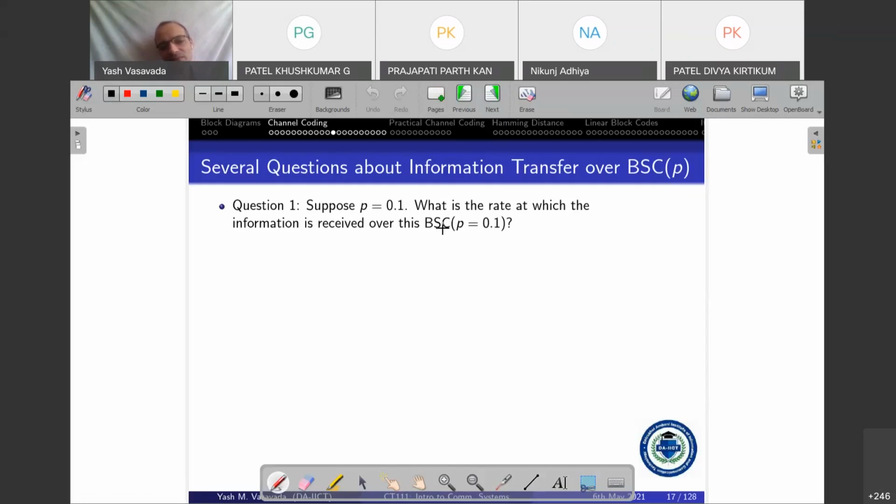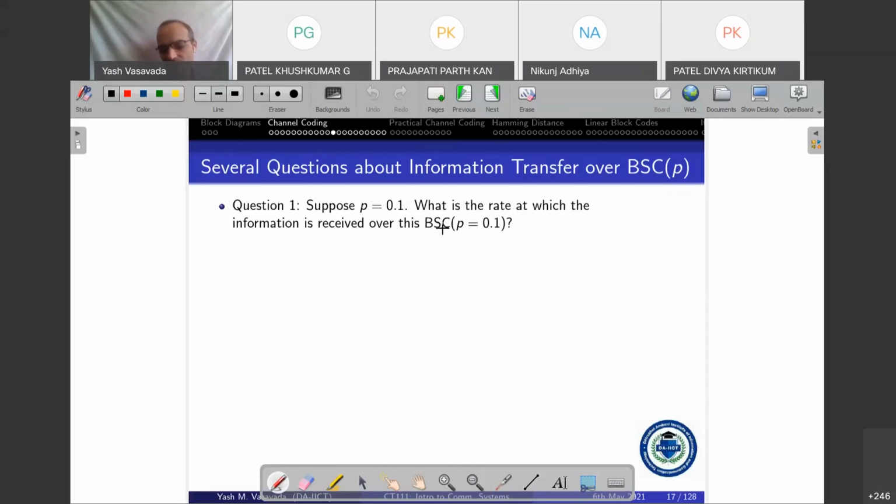I mean, obviously, only the bits that we received correctly can be said as having been received. Right? When I say the rate at which the information is received, what it means is the information which is usable. If you throw junk information and you still say that it is received information, that is not the right thing.